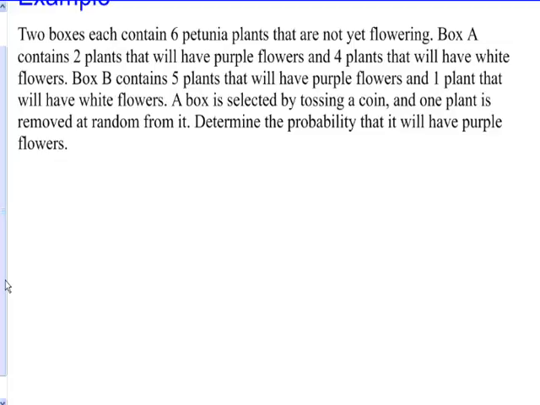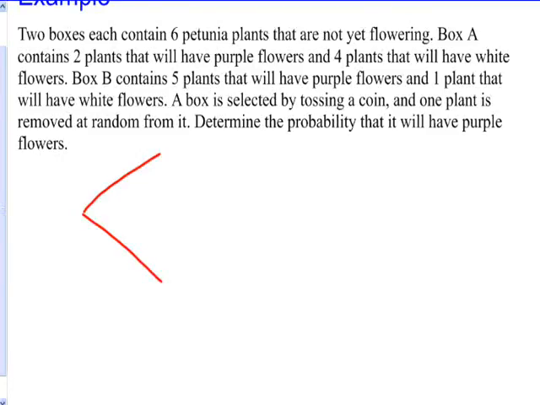All right. So use your tree diagrams and try to find out if it will have a purple flower or not. All right, so for our first chance, we are going to either have a heads or a tails on this toss.